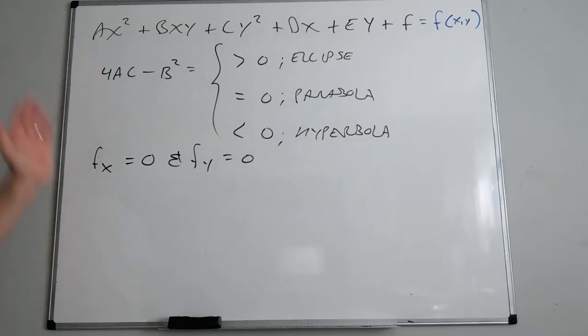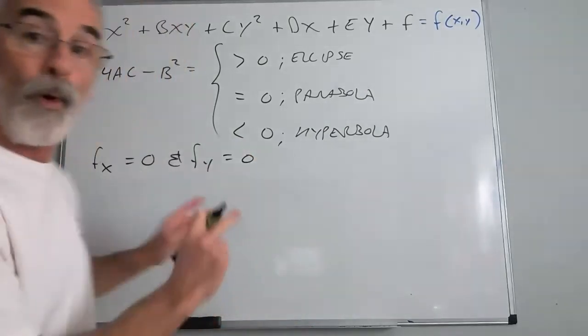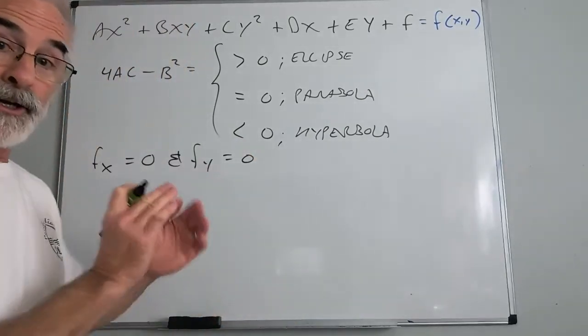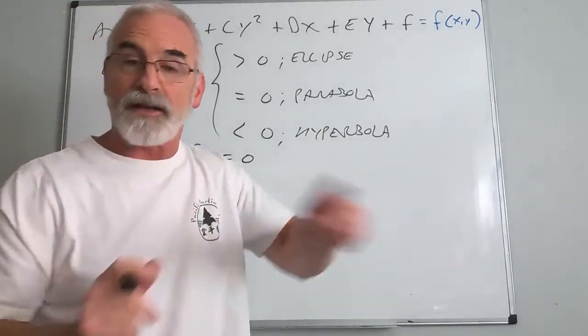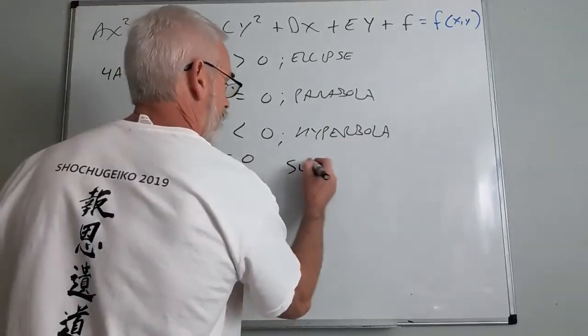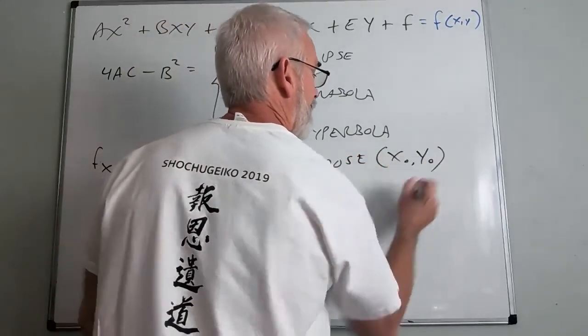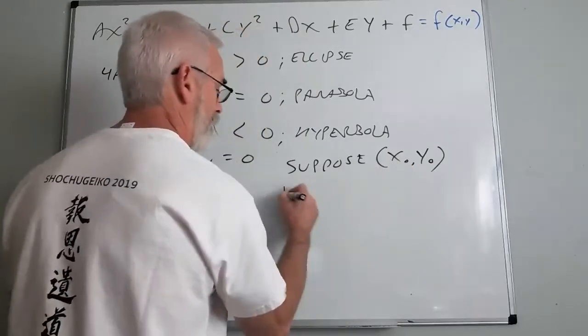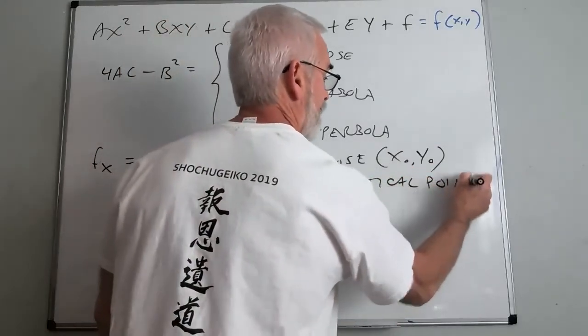That's the very first thing you're always going to do. Whatever it is you're dealing with, you're going to take your derivatives, set them equal to 0, and that will tell you the ordered pairs you get. You're going to do both of these simultaneously, and your results are going to be ordered pairs, x comma y's. So let's suppose that this is my result. This is called a critical point because it is an ordered pair.